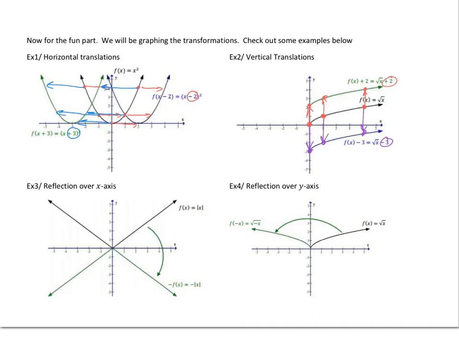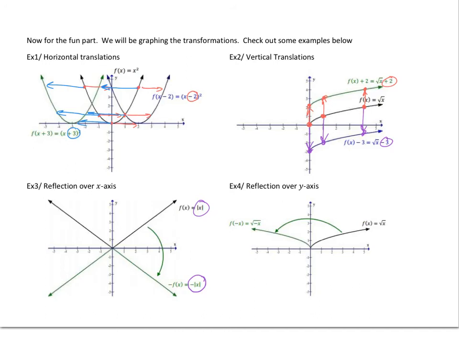In example 3 here, you can see that we are dealing with the absolute value of x. And if the negative goes in front of everything, it is not in front of the x, it is in front of the absolute value, then the original graph in black here gets reflected over the x-axis.